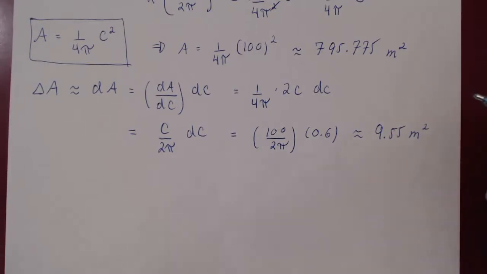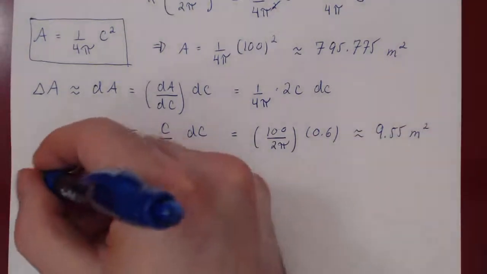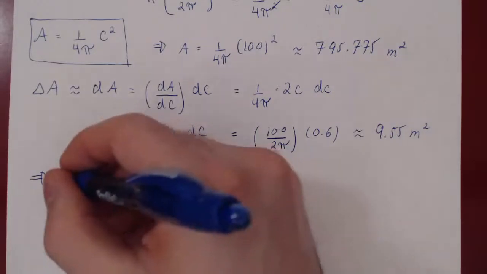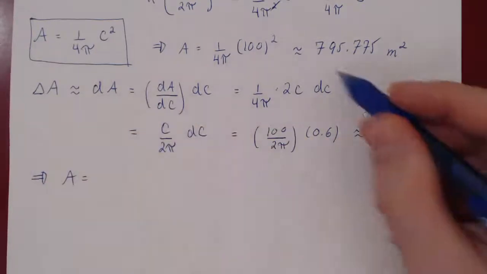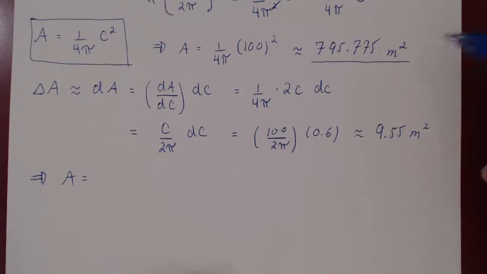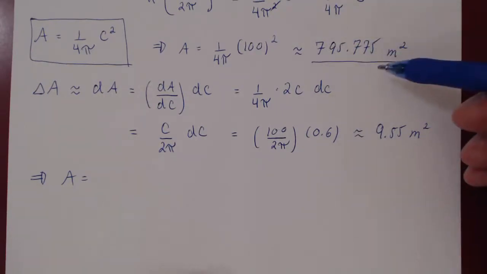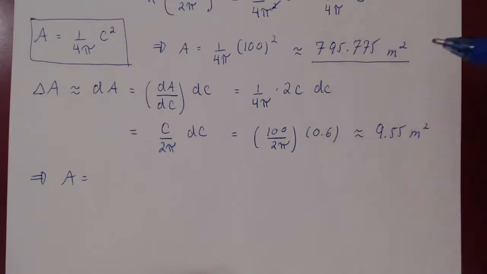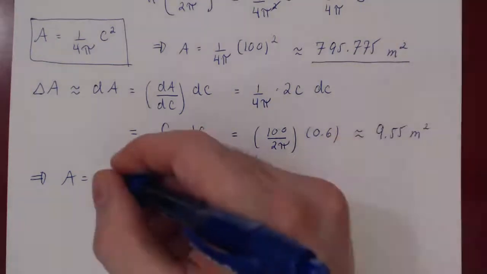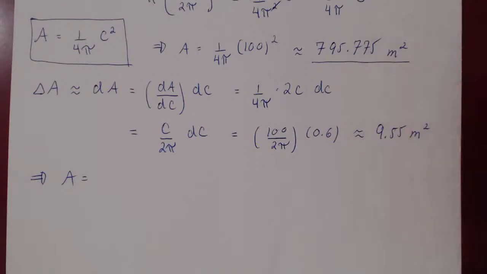And now we can write down our final answer for the area with uncertainty. So the area is equal to, this was our value, 795.775, so we could say 796 if you want. Or you can even keep these, doesn't really matter.